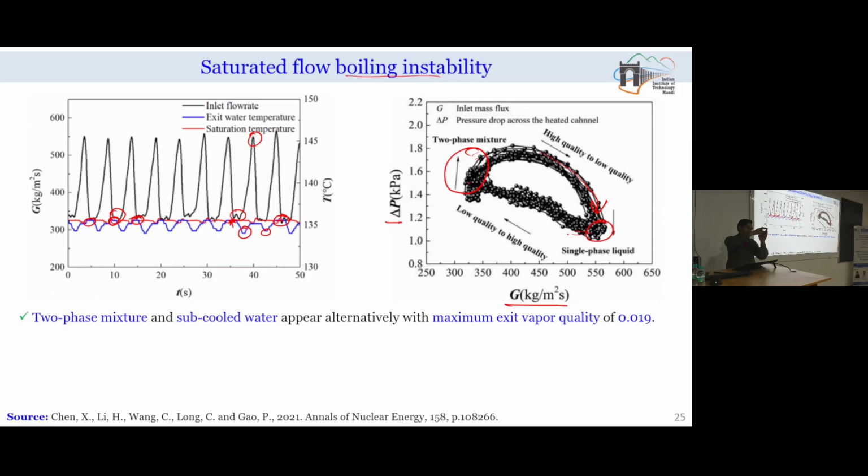Once vapor starts coming at the outlet, the vapor will be expanding also, because its density is significantly less in comparison to density of liquid. So all of a sudden vapor will expand. When vapor will be expanding at a rapid rate, then it will be creating significant pressure drop. So corresponding to that, you will be experiencing fluctuation.